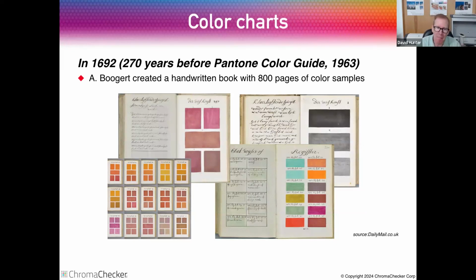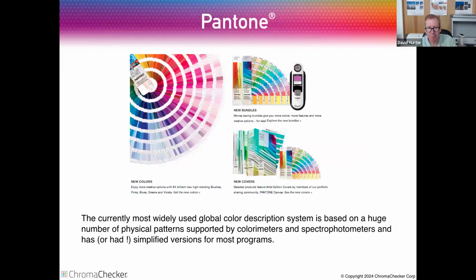And so defining colors with charts has been going on a very long time. And it's nothing new, but it's important to be able to communicate color using some sort of language that helps everyone know what color you're wanting to get.